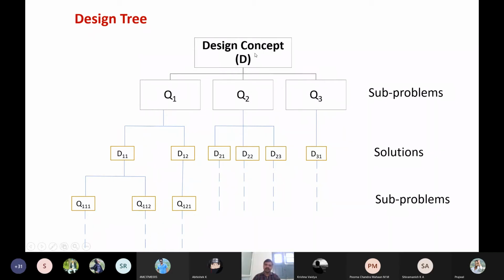If the problem is kerosene stove, we have to design a stove which is going to operate by making use of kerosene as fuel. Next, you can divide any design concept into a number of components or sub-problems. In case of kerosene stove, the design concept was divided into how many sub-problems?